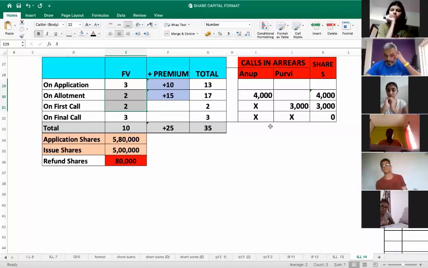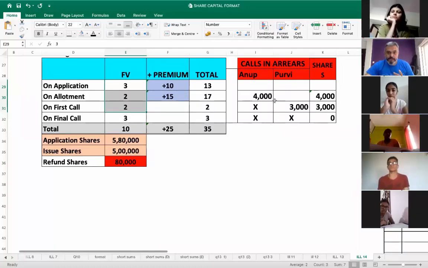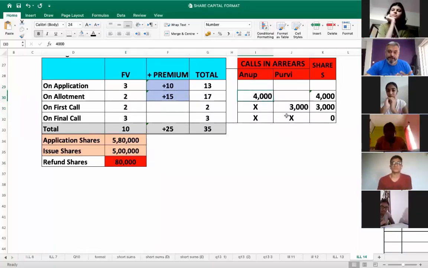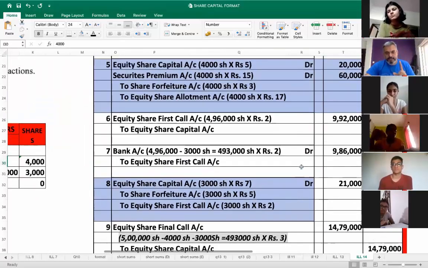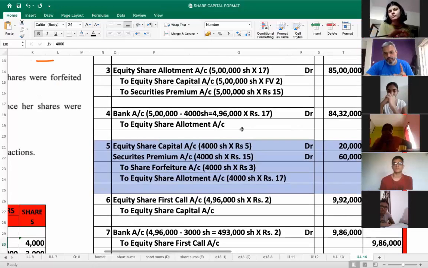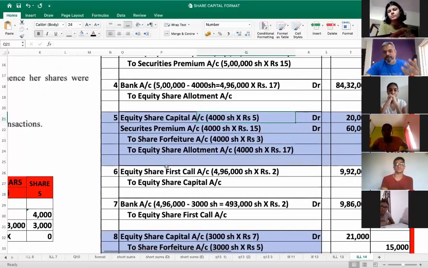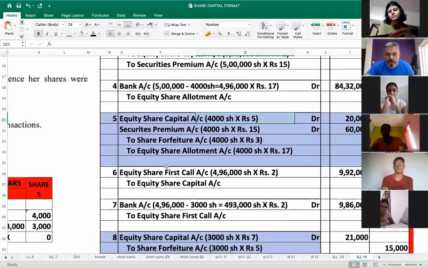But please pay attention, if Anup's shares were reissued right after forfeiting, then you have to credit the capital with rupees 5 only. Once again, these shares of Anup which you had forfeited, now when you reissue them before calling the first call, then you have to credit equity share capital by rupees 5 only, not 10.